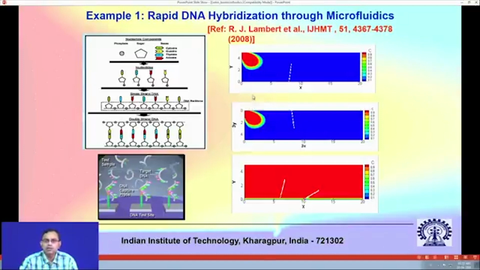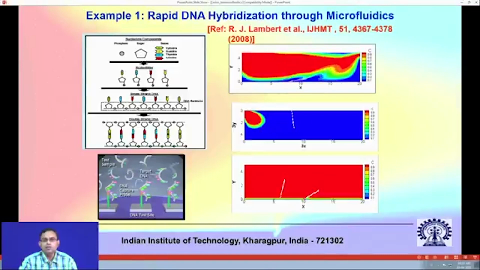So, what was the solution? Look at this diagram. On the wall of a microfluidic channel you keep a mechanical actuator, which is a flap made of a soft flexible material called polypyrrole, and there is an actuation by which this flap oscillates.